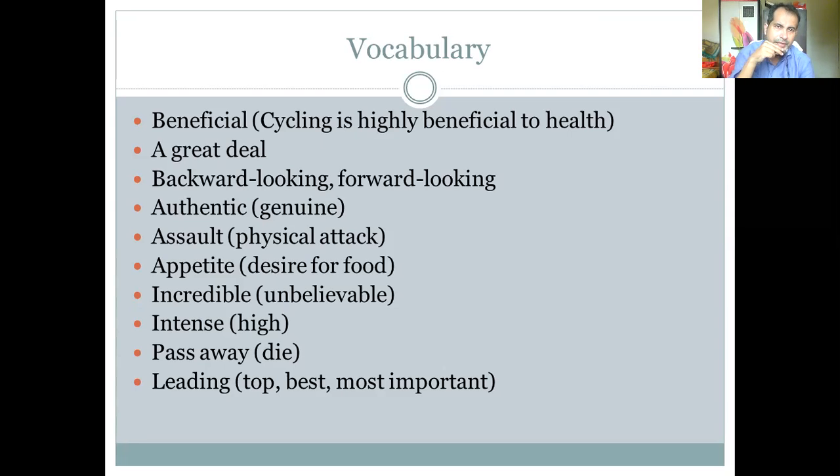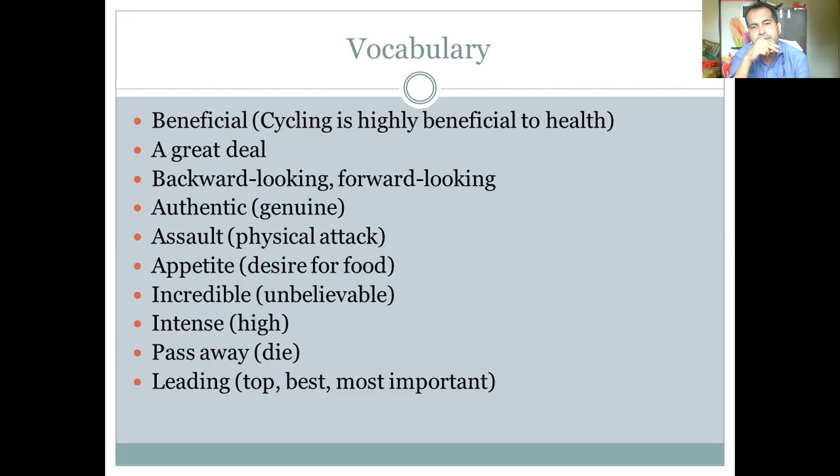Incredible. Here, in is a prefix. The word in is a prefix, and in comes before credible and forms incredible. I will discuss prefix and suffix in another class, and that will make you clear about prefix and suffix, and this is a very important topic for vocabulary.